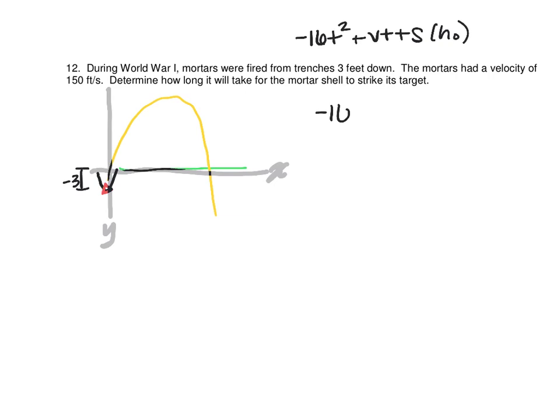So I'm going to have negative 16t squared plus 150t, because that's my velocity, minus 3, because my starting point was that 3 feet under the ground. And then I can use the quadratic formula to solve. And I know that when it's going to hit its target will be this point right here, which is going to be a 0 or a solution.